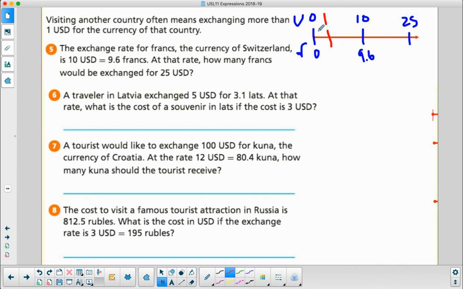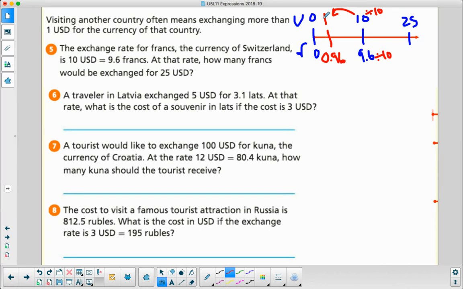Because 1 is kind of a magic number. I can always go to 1 by dividing by the number I have. So I have to divide that by 10, which is awesome because that's super easy. When you divide by 10, each digit gets 1 place value less or shifts once to the right.